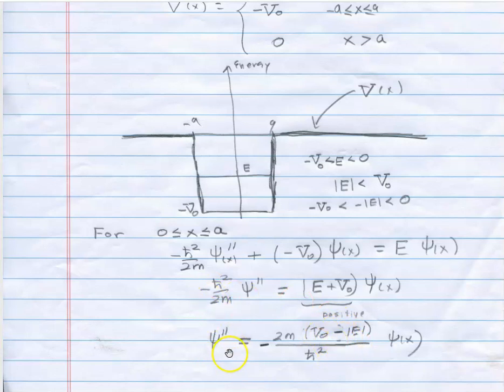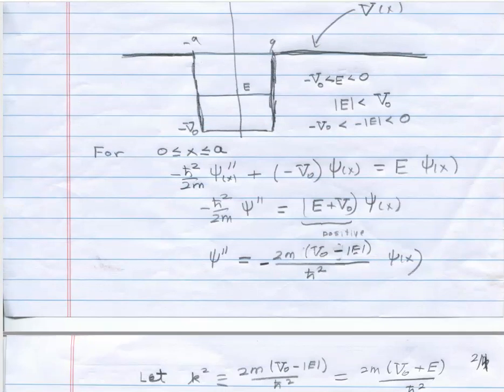And I'll solve that for the second derivative, so multiply through by 2m, multiply through by the minus sign, and then finally divide by h bar squared. And now this term, I'll get a minus, and then this whole term here is going to be positive.